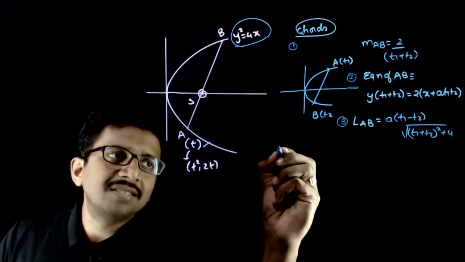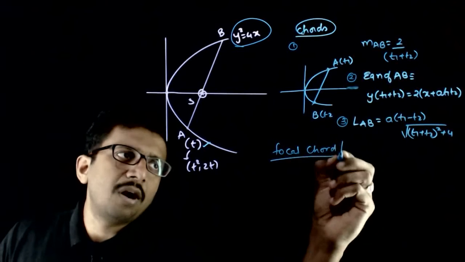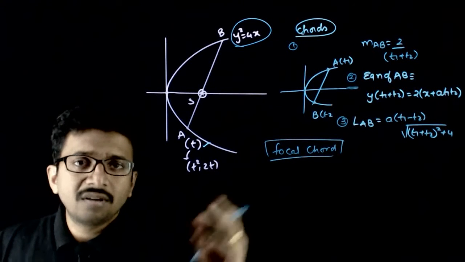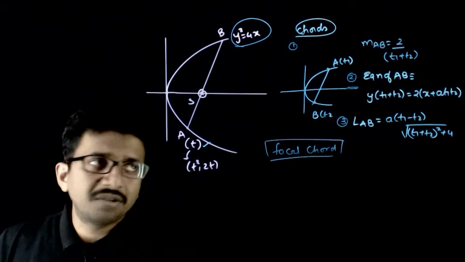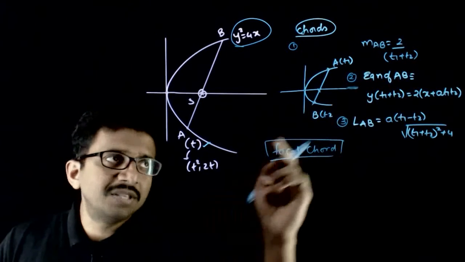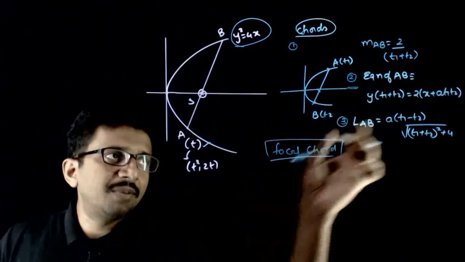And what are the standard results which need to be remembered about a focal chord? The chord is a focal chord means that the chord passes through the focus a comma 0. So if this chord passes through a comma 0, then the equation has to be satisfied by a comma 0.